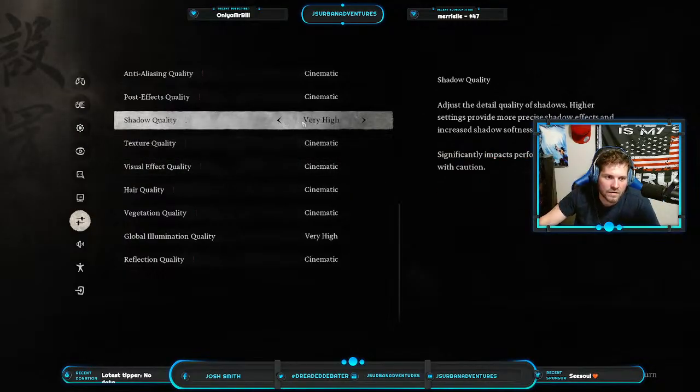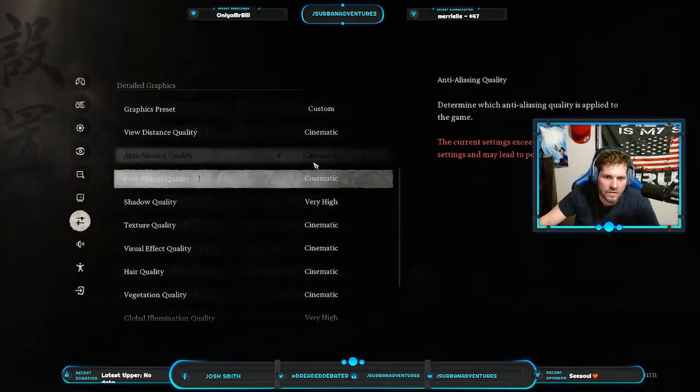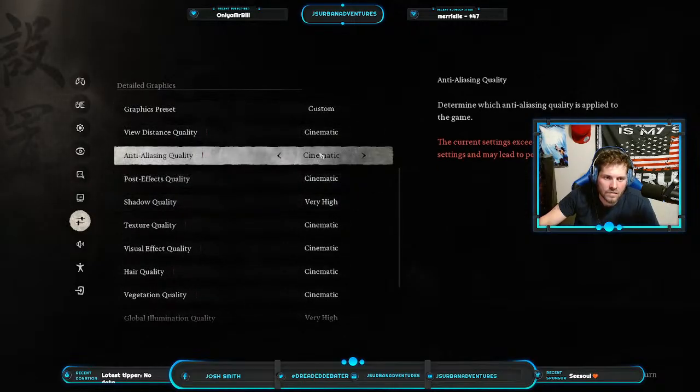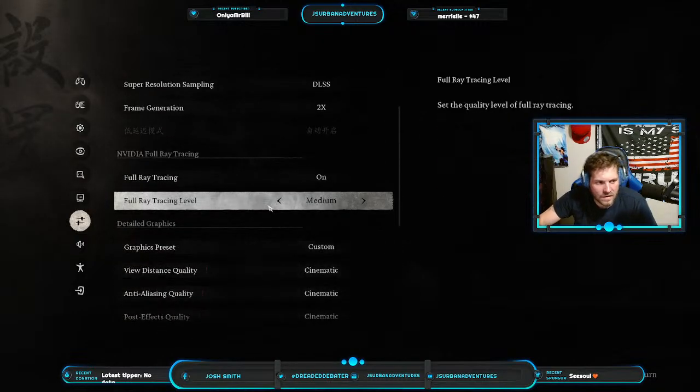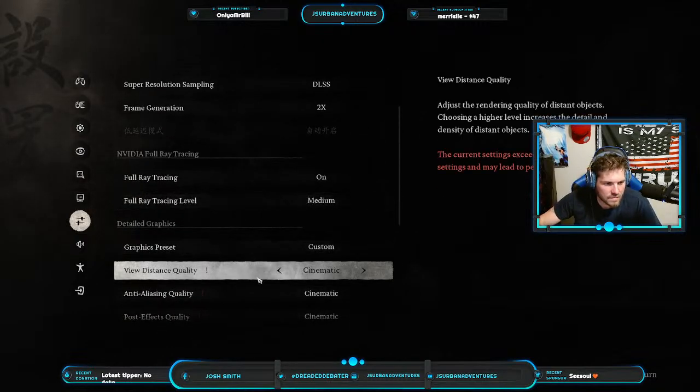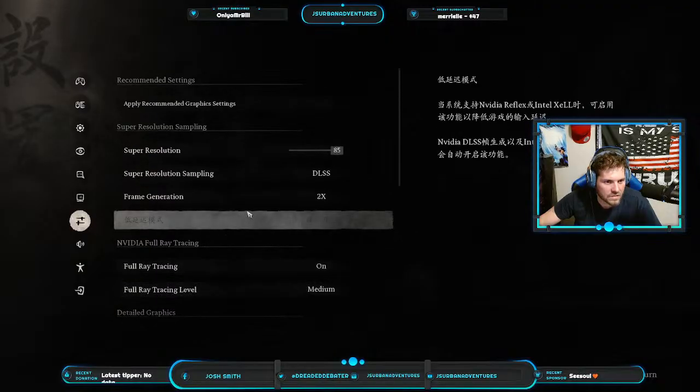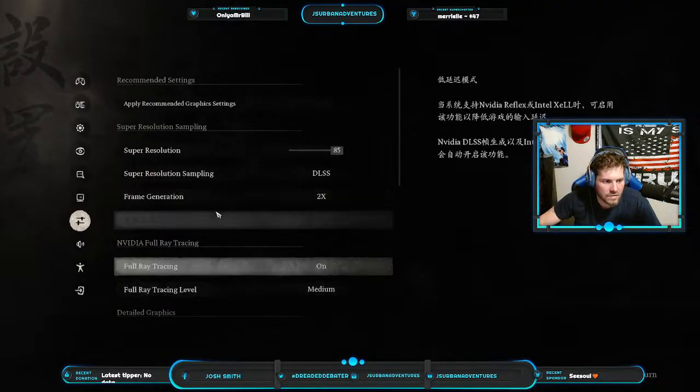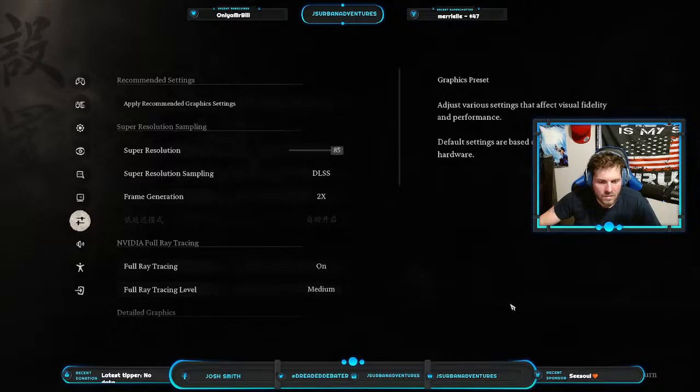Shadow quality. Anti-aliasing. Anti-aliasing is VSync. Okay.